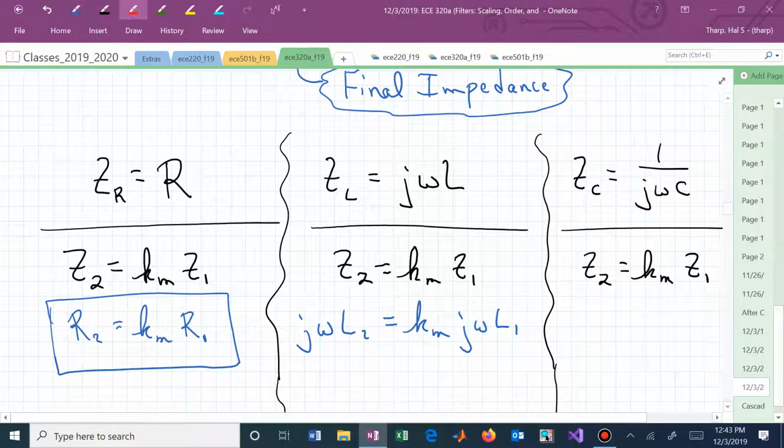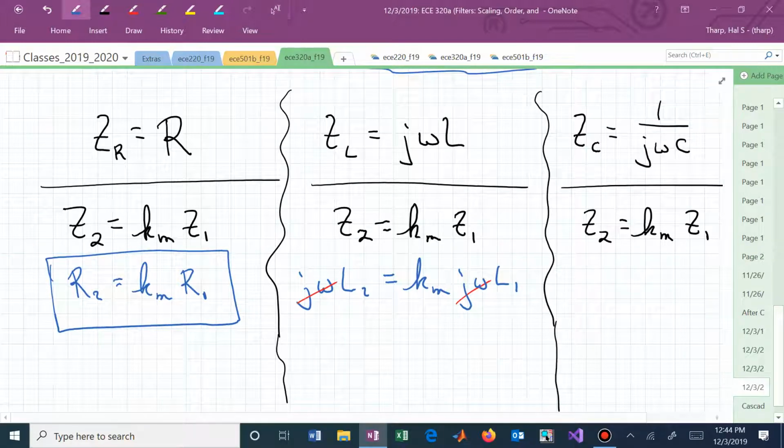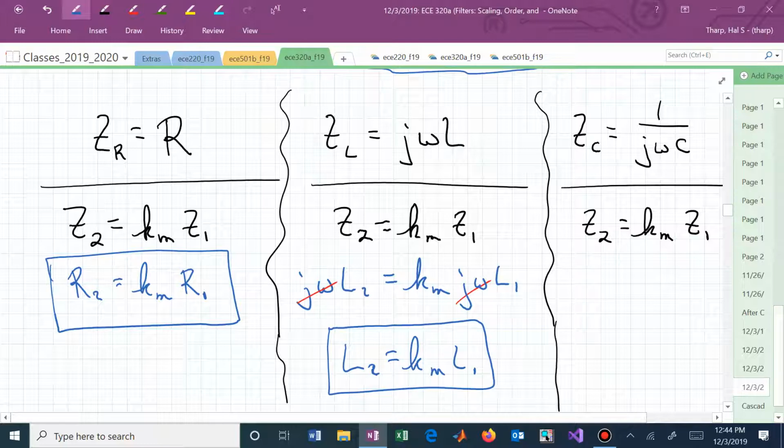We can cancel common factors on either side, and this now is fairly clean. It says, if we want to magnitude scale inductors, they scale like resistors. We now just scale the original inductor value by the magnitude scaling factor, K sub m.